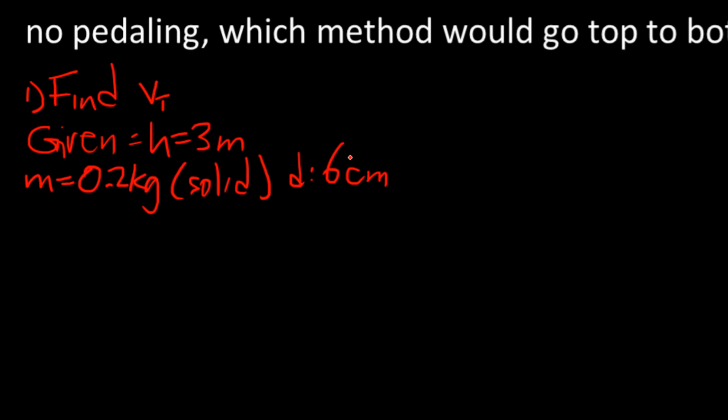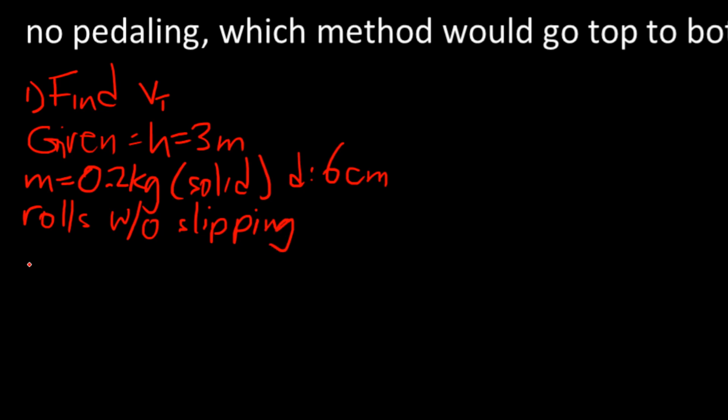Anything else we have on that? It rolls without slipping. That's going to be important for this calculation, as we saw with the refried beans and the chicken broth rolling down the incline in class.